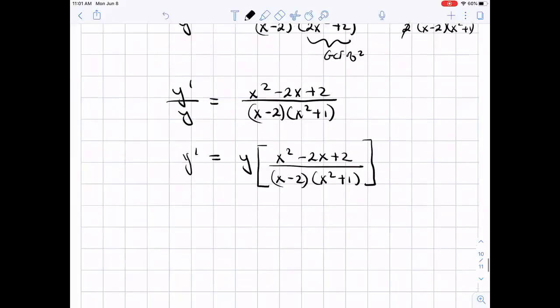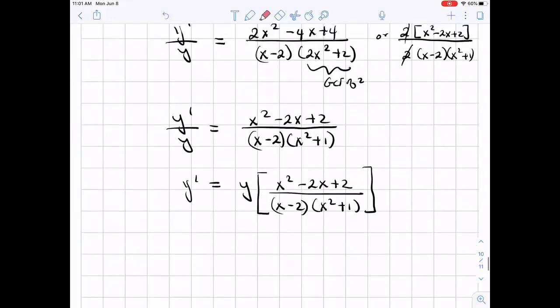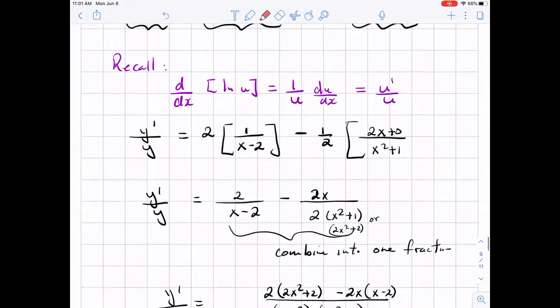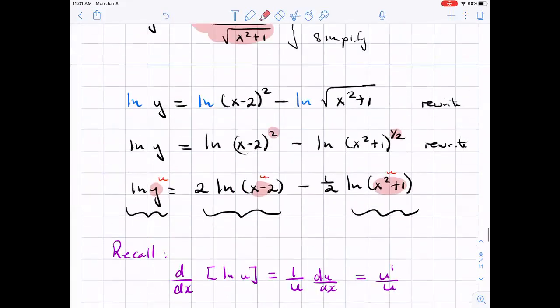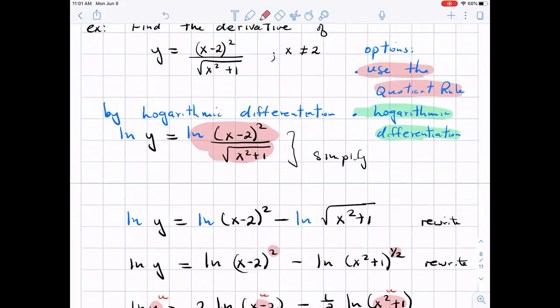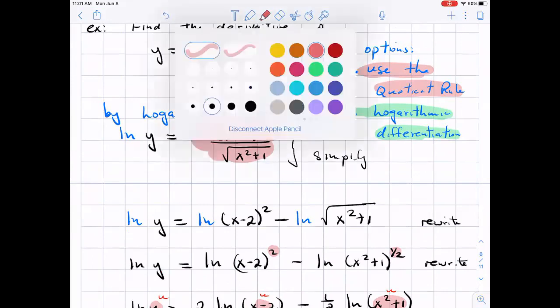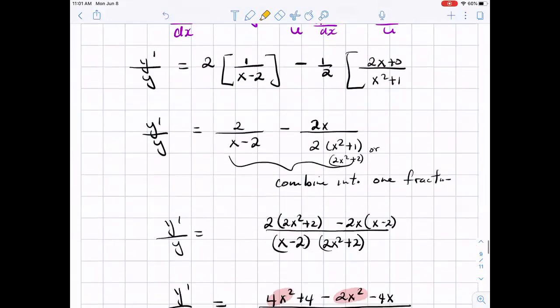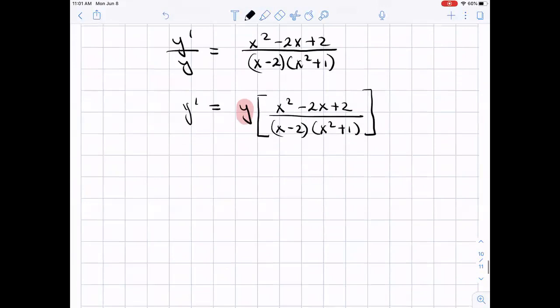Now, keep in mind that you were given y from before. So you know what the value of y is. Y is the function up here, so this here is your function y. So we can plug in what the value of y is.